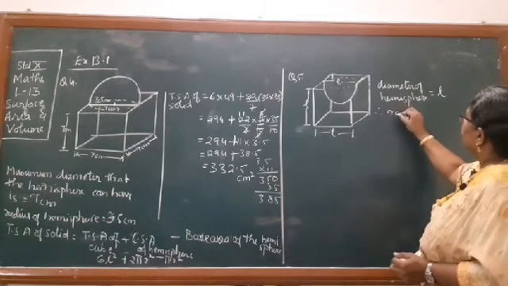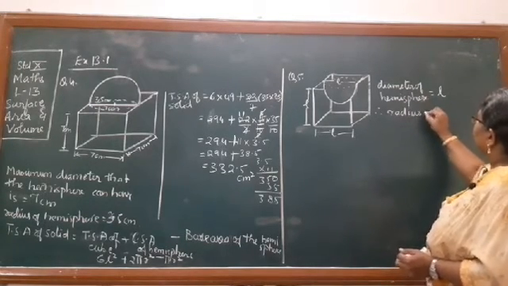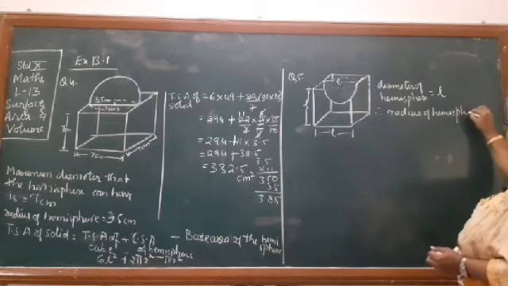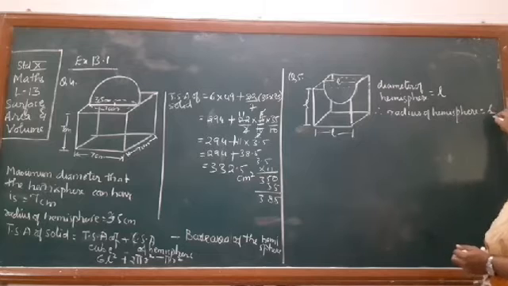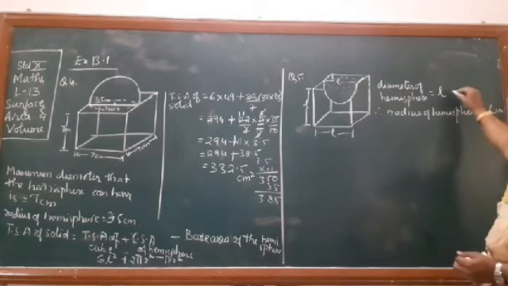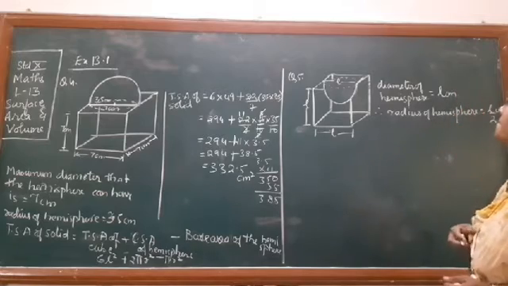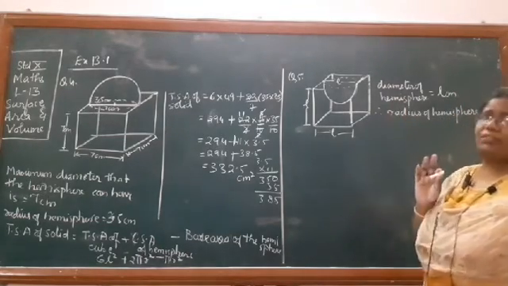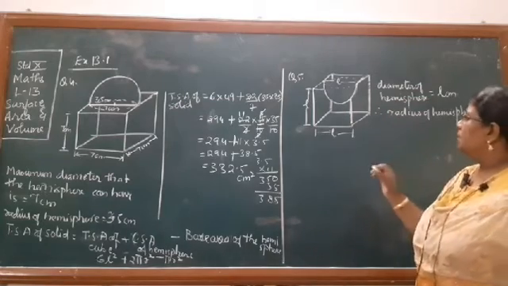Therefore radius of hemisphere will be equal to L by 2, okay, L by 2 centimeter. This is L centimeter. Now they have asked what is the total surface area of this solid.